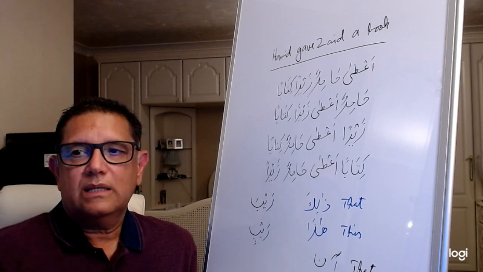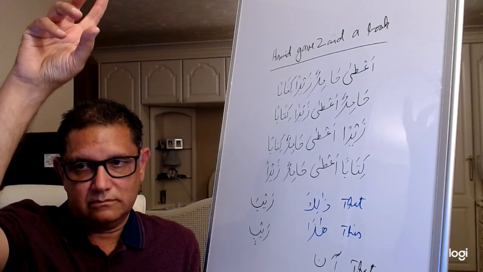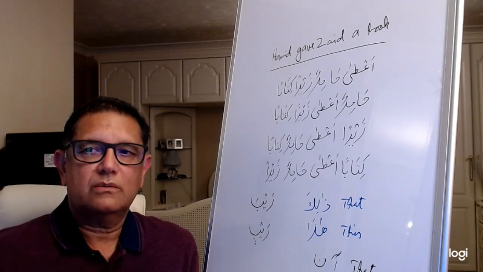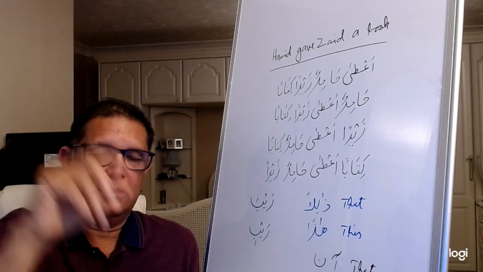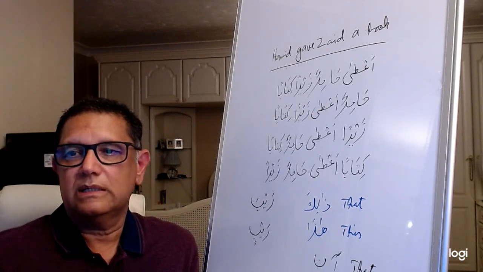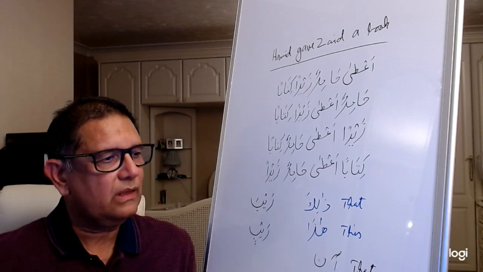Some scholars say that the real book is up there in Lawh Mahfuz. So the real book is quite high up, and that's why the demonstrative pronoun of distance has been used. Allah knows better.